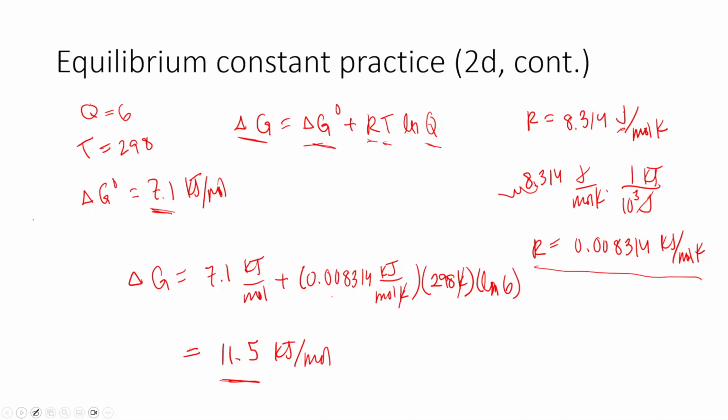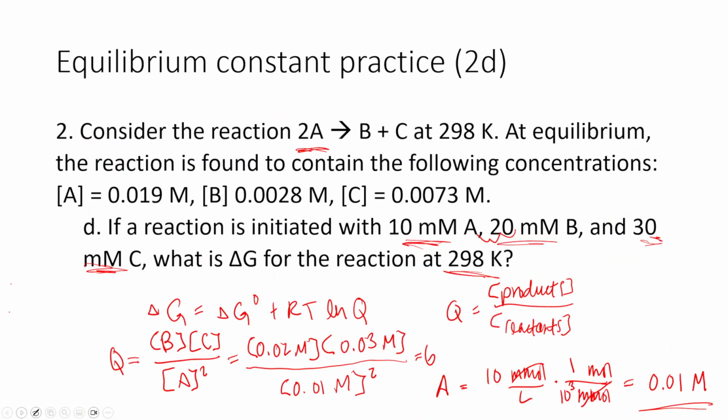So why do we think that happened? What did we do that made it less spontaneous? Like the different concentrations of reactants and products? Yeah, exactly.